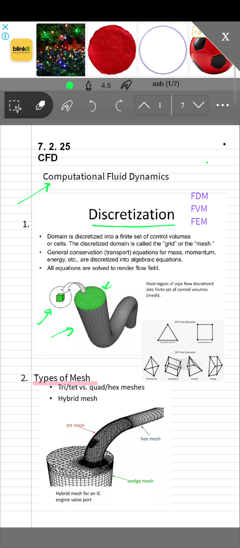So you can have two-dimensional meshes which can be formed by triangle or square, called quadrilateral or triangular. Or we can have three-dimensional meshes like tetrahedral, hexahedral, wedge, and prism. By hexahedral we mean that there are 6 faces.